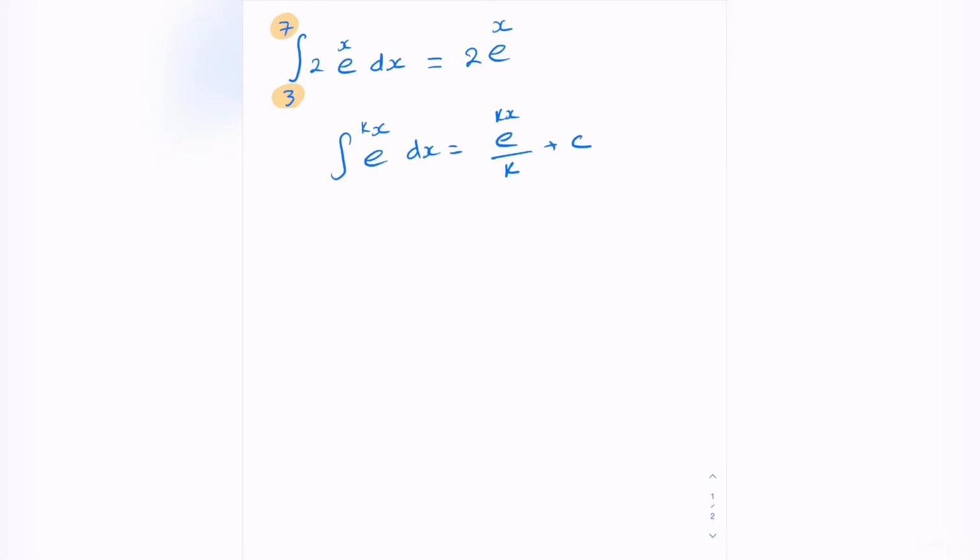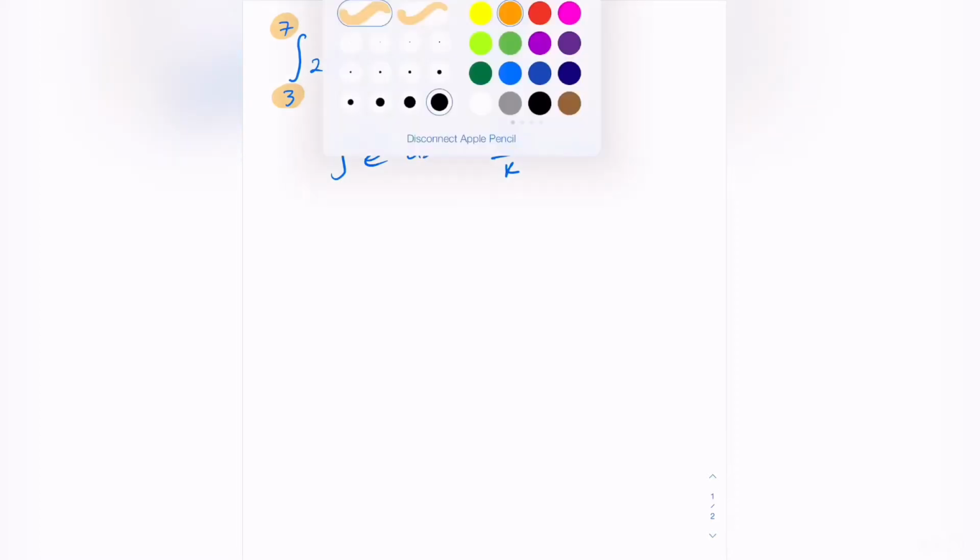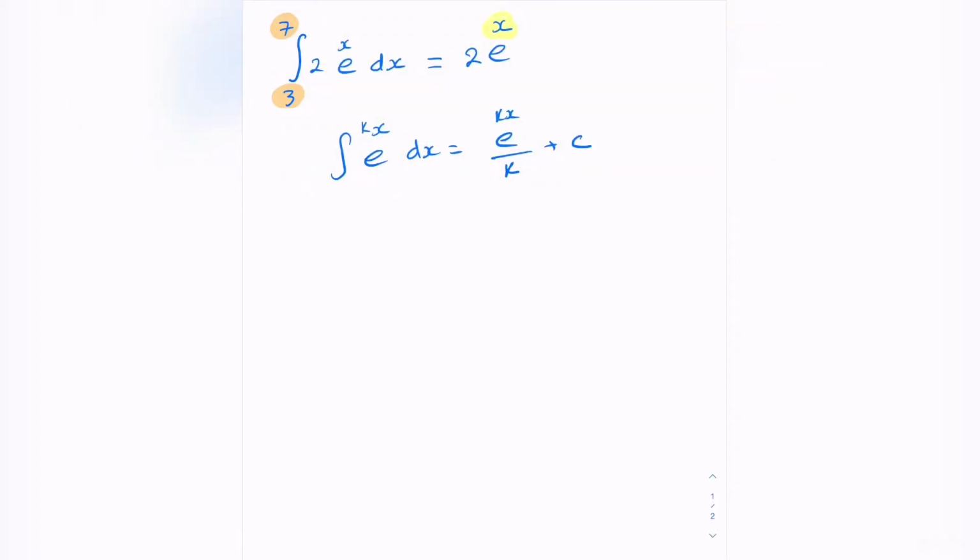But in our question here, the derivative for x is 1. So therefore it means 2e to the power x divided by 1. But in this case, we don't put plus c. We're going to put this bracket and from 3 to 7.